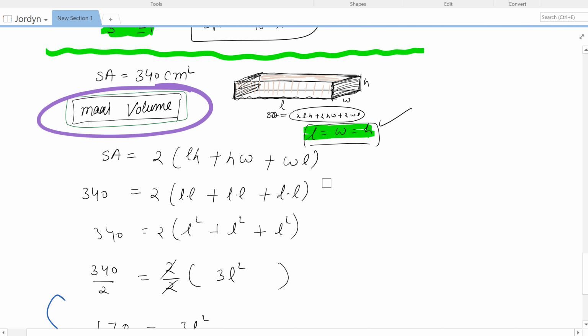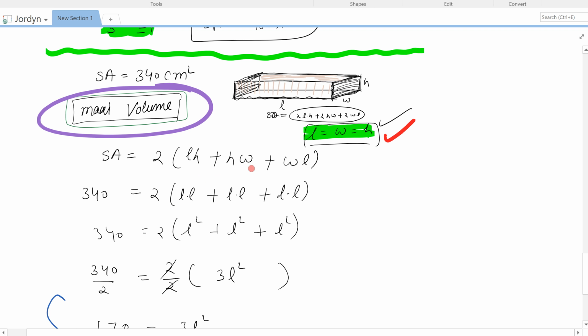So this is the formula. We substitute the surface area, which was 340, and under the assumption that L equals W equals H, all of them are the same, so they go in here.